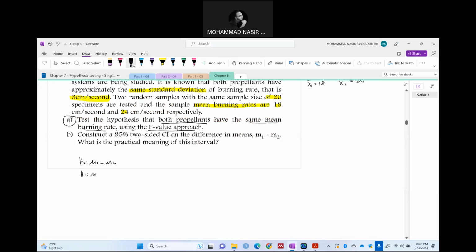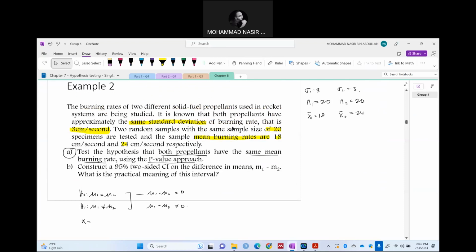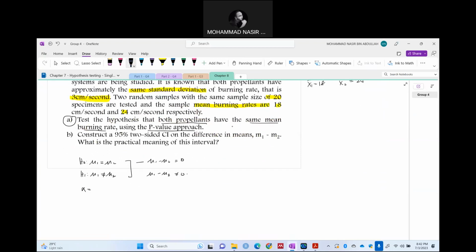Alternative hypothesis mu1 not equal to mu2. So this is also mu1 minus mu2 equal to 0, and mu1 minus mu2 not equal to 0. And we want to test at alpha equal to, so if the question does not state the value of alpha, we assume alpha equal to 0.05.